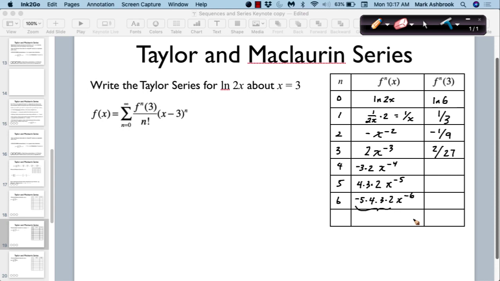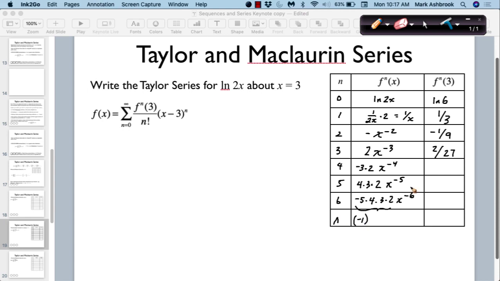Which factorial is it? Is it n factorial? n minus 1 factorial is what the coefficient is. You see that? It alternates. So is it -1 to the n or n plus 1?